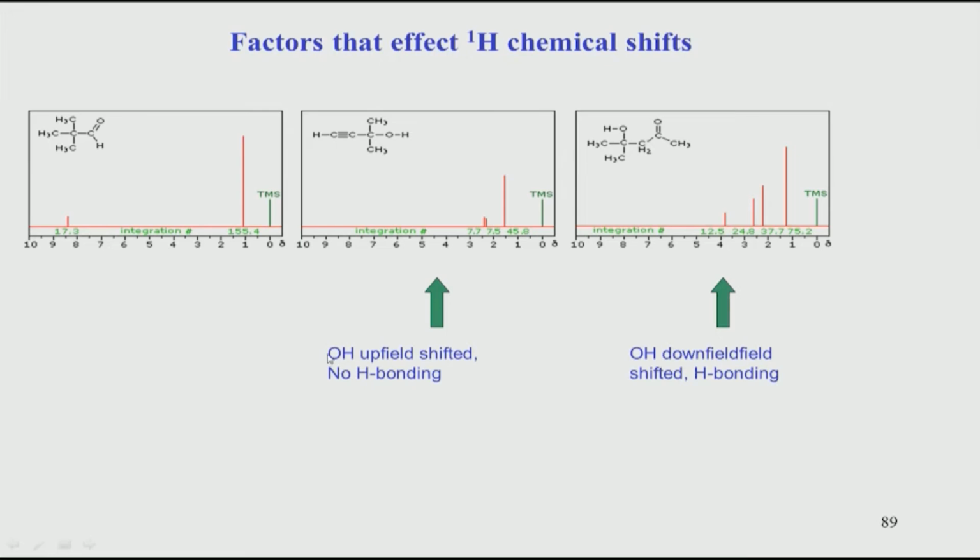So, as you increase the temperature, it has a tendency to break, and the moment the hydrogen bond breaks, the OH chemical shift, the hydrogen atom which is involved in the hydrogen bond, suddenly experiences an upfield shift, meaning it goes towards lower ppm value, towards the right side, and that basically indicates there is no hydrogen bond. And if you go to lower temperature, the hydrogen bond becomes stronger and it is shifted more downfield.